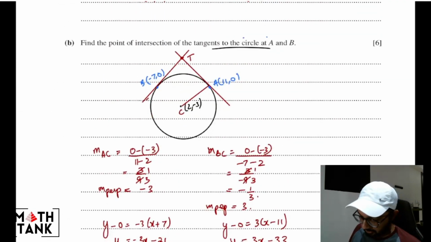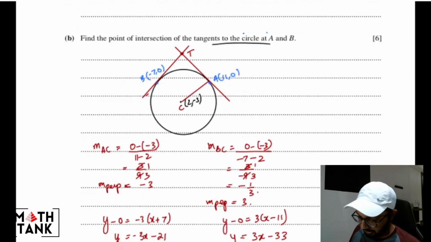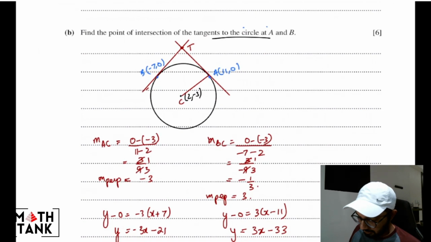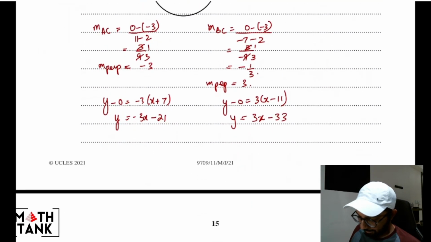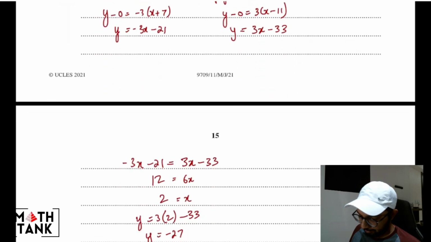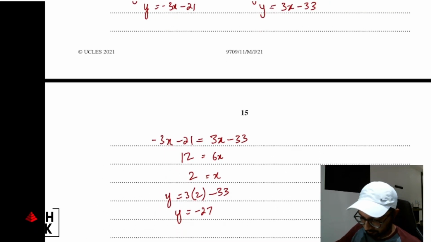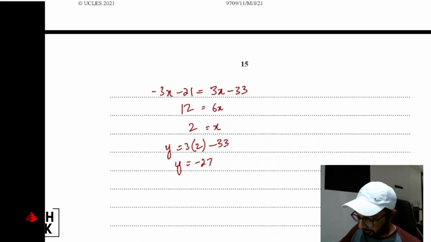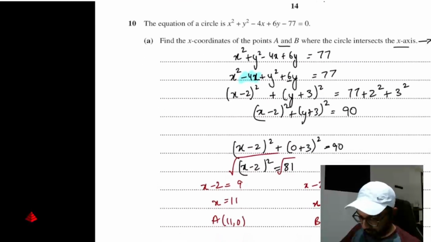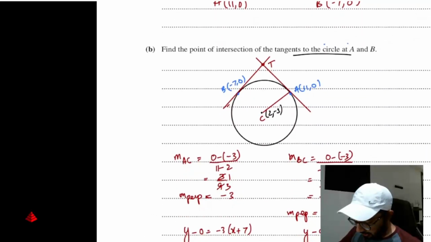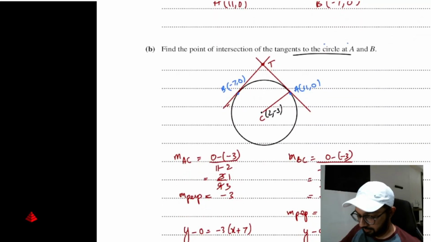Seems a little odd to me because I wasn't expecting it to turn out to be negative. Let's see. No guessing games here. May-June 21, question 10 has the answer.